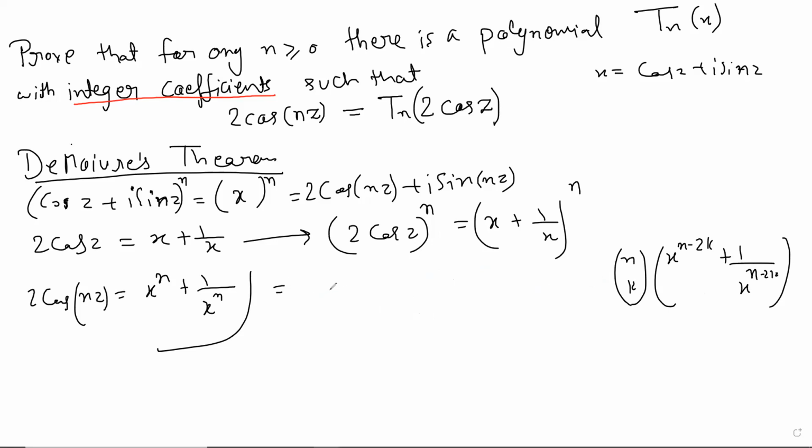That is what we'll have to use. But let me just write this first. So k goes from 0 to n by 2. Either case, you'll get an integer, maybe. You'll get a constant if it's odd. So that's fine. So then you get n choose k, x to the power n minus 2k, plus 1 by x to the power minus 2k.